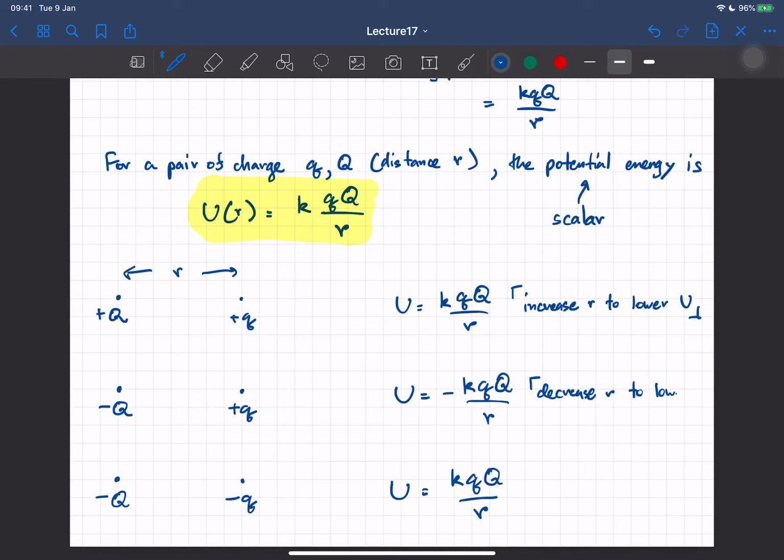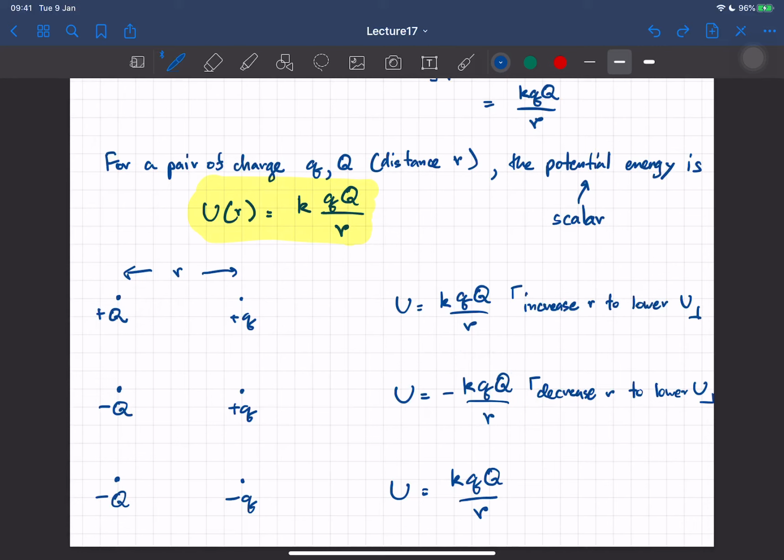to lower U. And that makes sense because these are two opposite charges. They're gonna attract each other. So it's natural to expect them to have R, which is closer and closer. Because by doing so, you go to more and more negative potential energy.